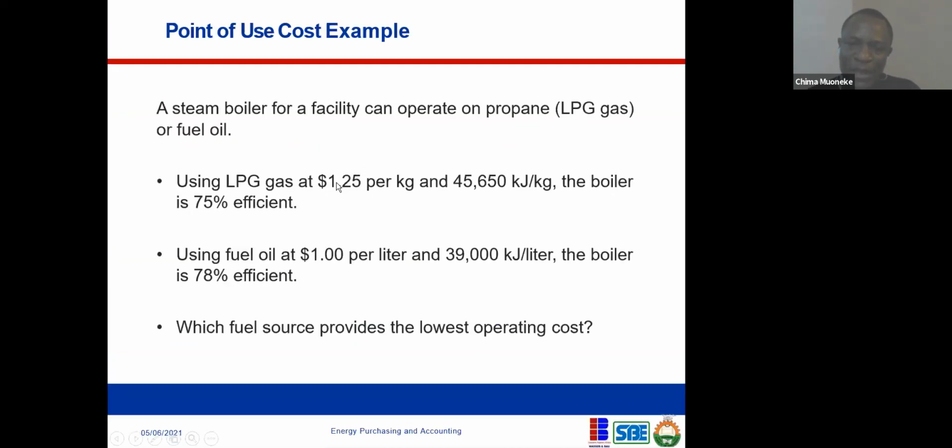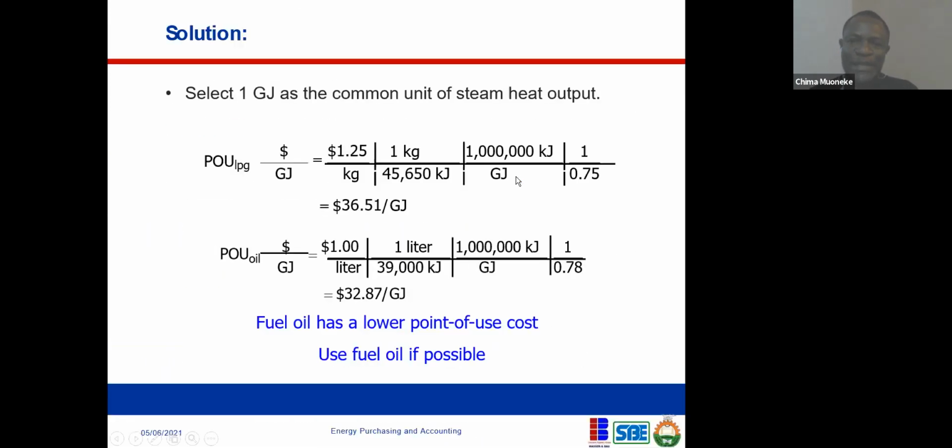The LPG gas costs $1.25, and one kilogram contains 45,650 kilojoule. So we put that into our calculator here. So 1 kilogram will give you 45,650 kilojoule. Now look at what I've done. Look at what we've done. We put kilogram on top so that we can cancel this.